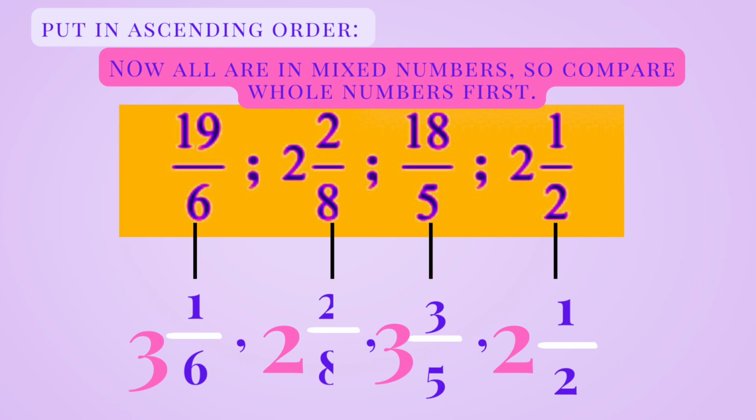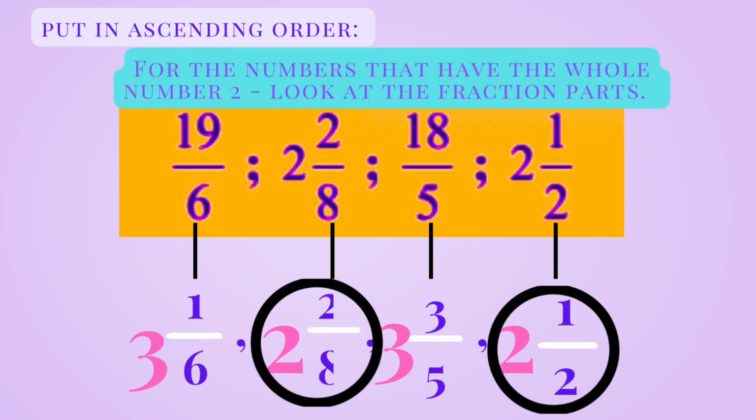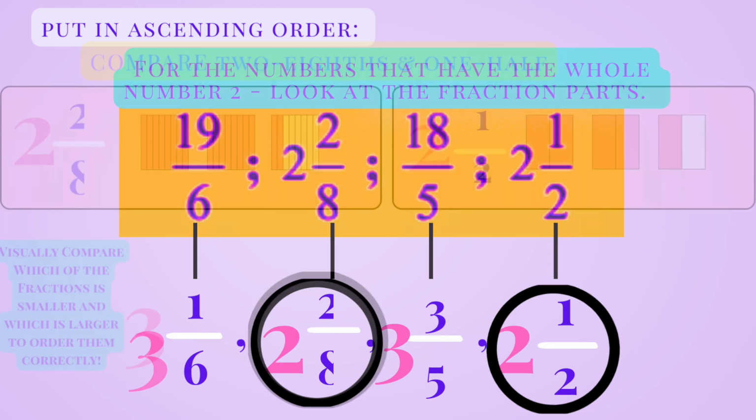Since we're arranging them in ascending order, we immediately know that the 2 numbers beginning with 2 will be our 2 smallest numbers, and the 2 numbers beginning with 3 will be our largest numbers.